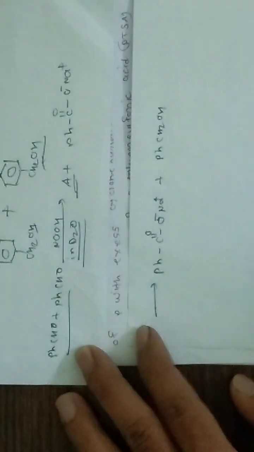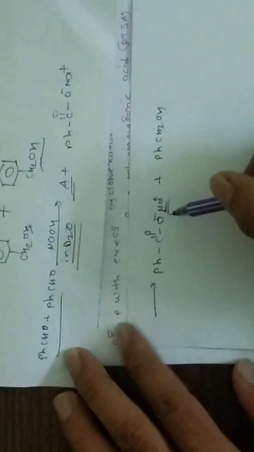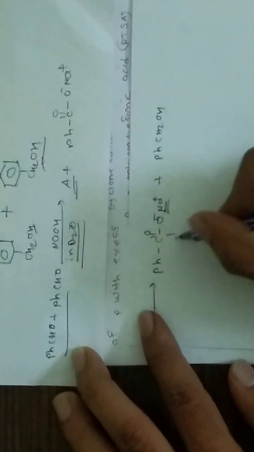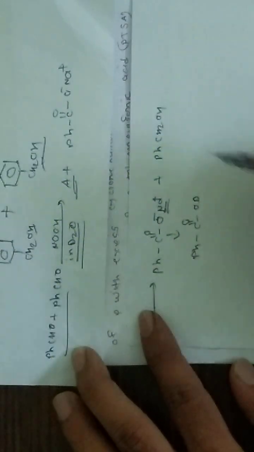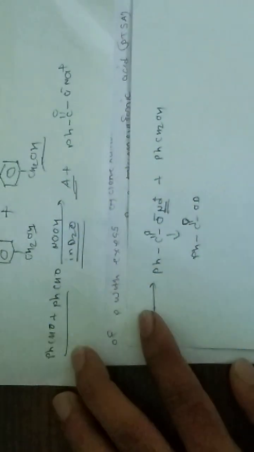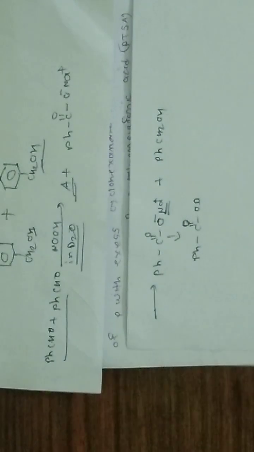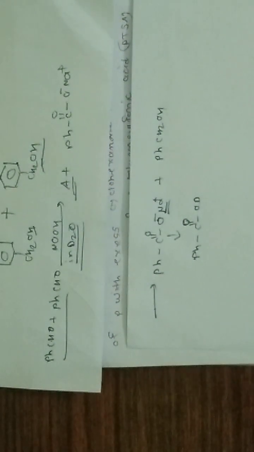Therefore instead of Na plus, deuterium will be attached. Generally we write OH, but OD will form because hydrolysis is by deuterated water. So we have to find out what A is.